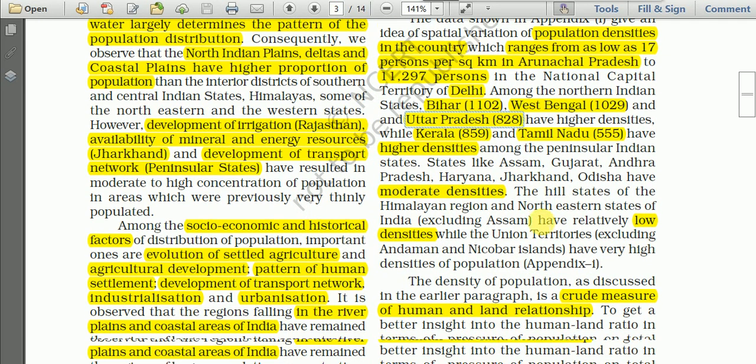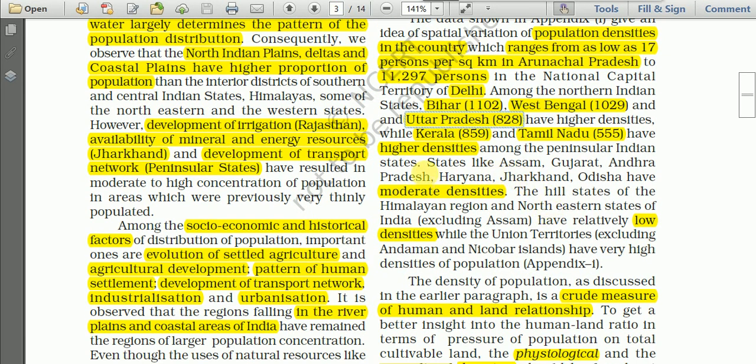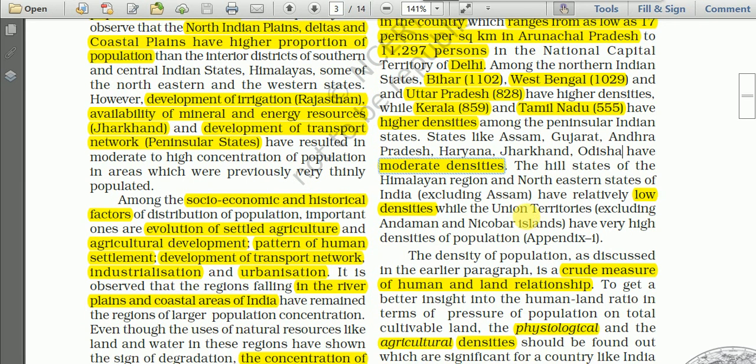And states like Assam, Gujarat, Andhra Pradesh, Haryana, Jharkhand, Orissa have moderate densities. The hill states of the Himalayan region, then the northeastern states of India excluding Assam, have relatively low densities, while Union territories excluding Andaman and Nicobar have very high densities of population.